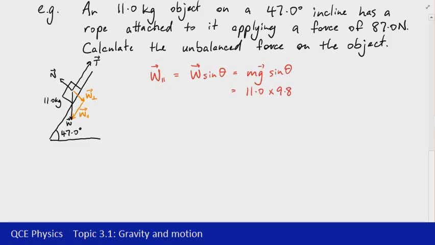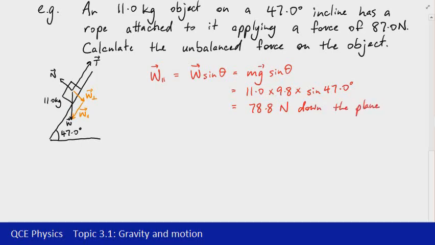Note that we're just leaving this as a positive value in these calculations because we're dealing with down being the positive direction, and that's being multiplied by sine of 47.0 degrees. That gives us a value of 78.8 newtons down the plane. So there's the parallel component.